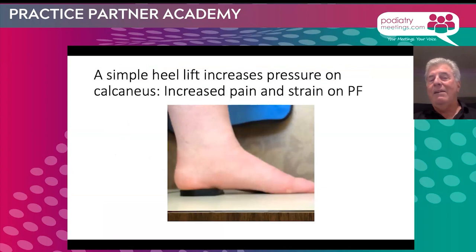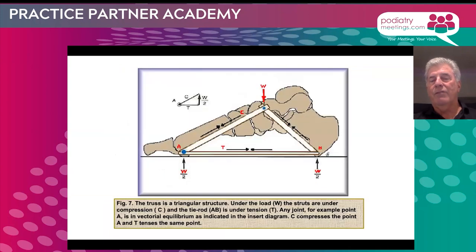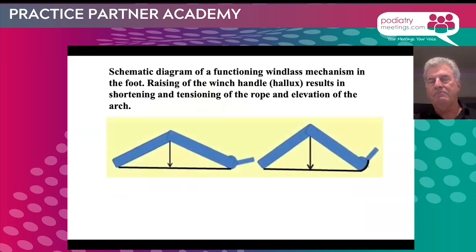But it also may strain the truss structure of the foot by creating pressure at point number 2 here, which according to the truss mechanism would then increase tensile loading due to lowering of the calcaneal inclination angle. That's just a theoretical perception, but it's verified by some other studies. I'll get back to that in a minute.